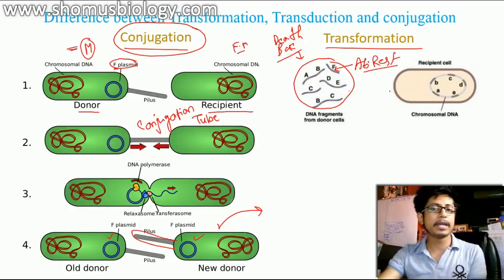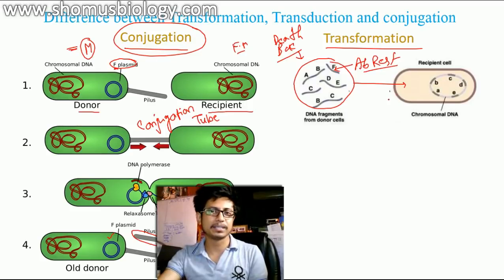If the recipient can take up a fragment of DNA containing an antibiotic resistance gene, then this recipient bacterium can get antibiotic resistance as well. That is the idea of transformation.